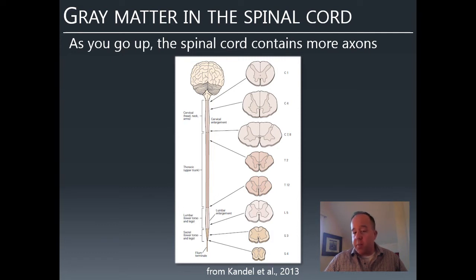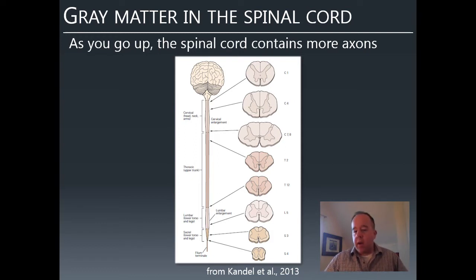It also gets bigger. And if you think about that, that makes a certain sense, because whatever point you're at in the spinal cord, that point contains not only the neurons that are going to that particular location and exiting there, but also everything that's going down below or coming up from down below.